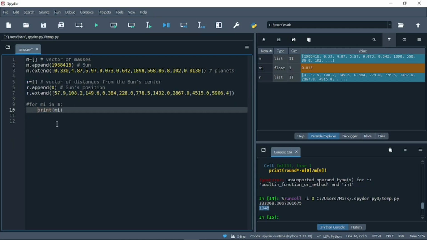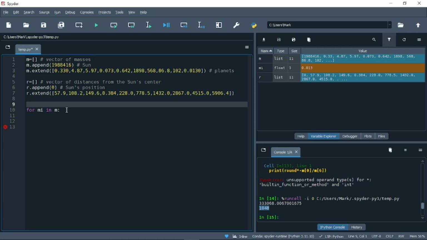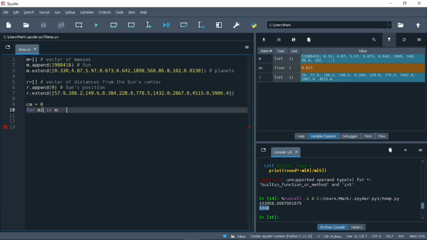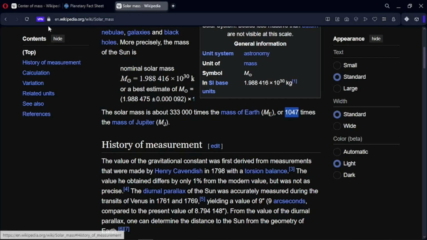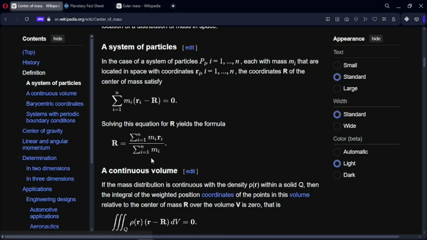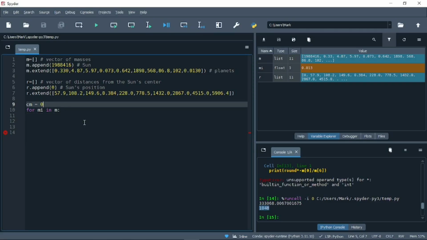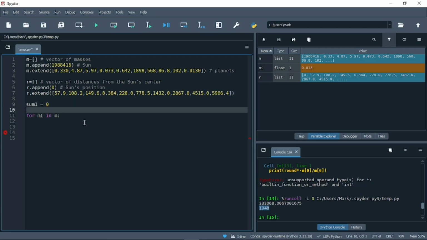Okay, let's continue our very simple calculation. So we have the barycenter, or center of mass, cm, equal to 0. And here we are using this formula, the center of mass, which is a summation. We have sum1 equal to 0 and sum2 equal to 0.